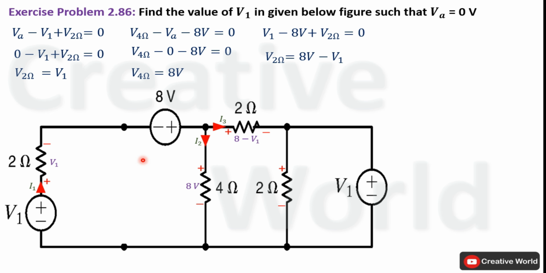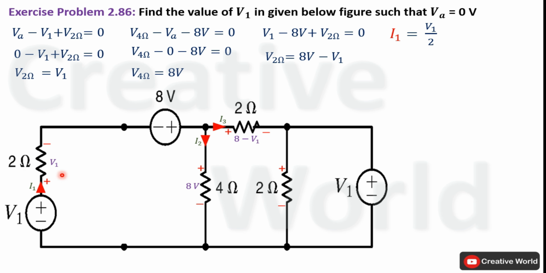If we remember, the directions of currents inside these 3 closed loops were clockwise. That's why we have taken these 3 currents labeled as I1, I2 and I3, and all of these are taken in clockwise direction.